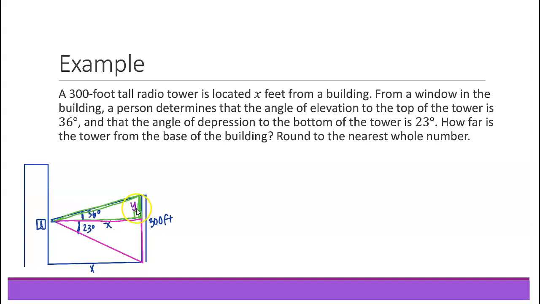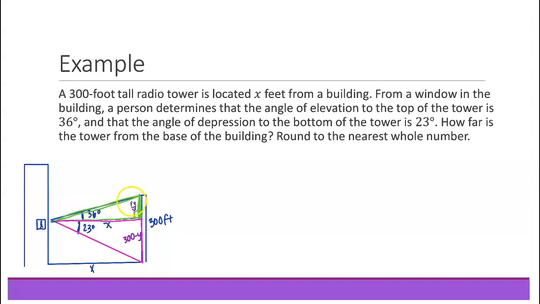Let's call it y. So if this little height right here is y, and this whole tower is 300 feet, then that means that the height of this other triangle inside here, the one involving the angle of depression, is going to be 300 minus the value of y. So the whole tower and then minus y. So this is 300 minus y.